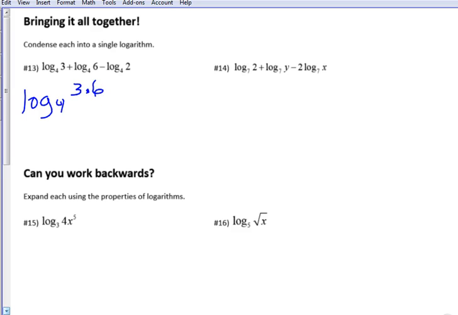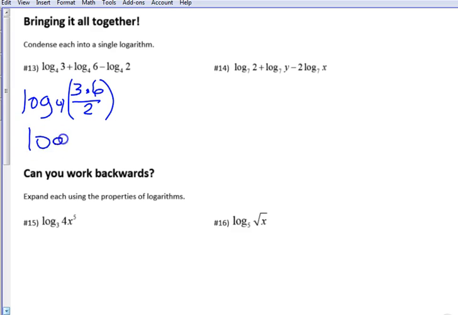And then that minus sign tells me I'm going to then do what? Subtract. Do my quotient. Yep. So it's going to be 3 times 6 and then divided by 2. All right, what is 3 times 6? 18. And what is 18 divided by 2? 9.